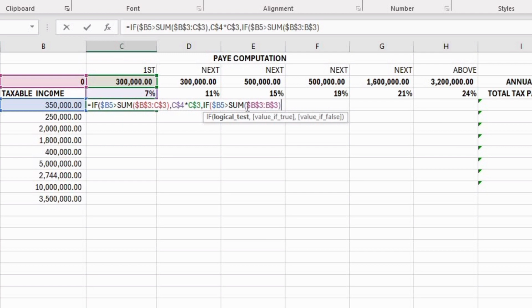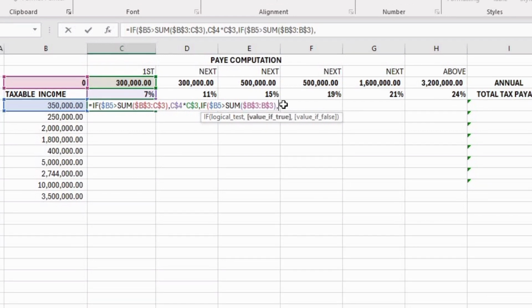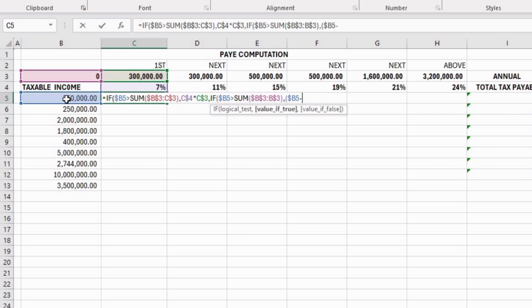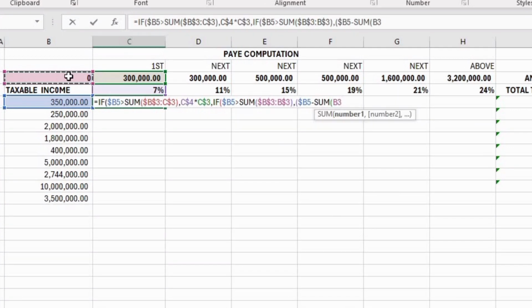So if our taxable income is greater than 0 but less than 300,000, we need to find the excess above 0 and apply the tax rate on it. We put a comma. The value, if true, will now be taxable income minus the sum of 0 to 0, which is cell B3 to cell B3.